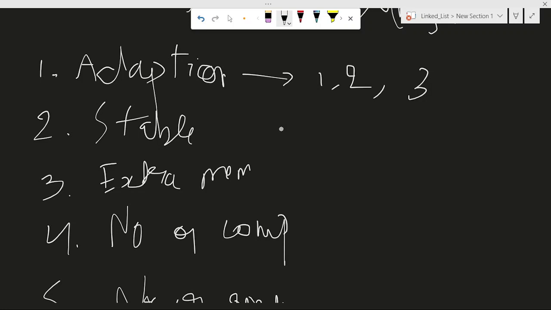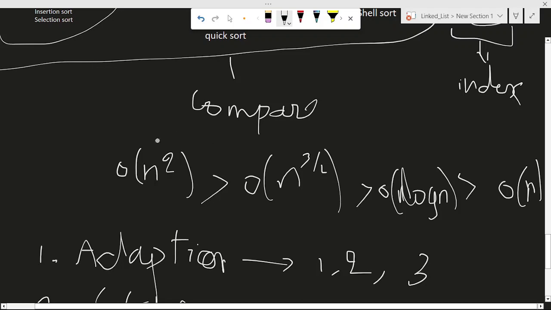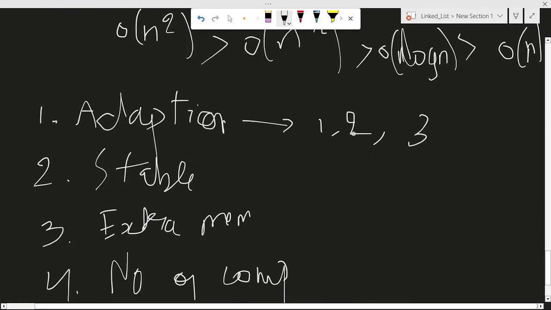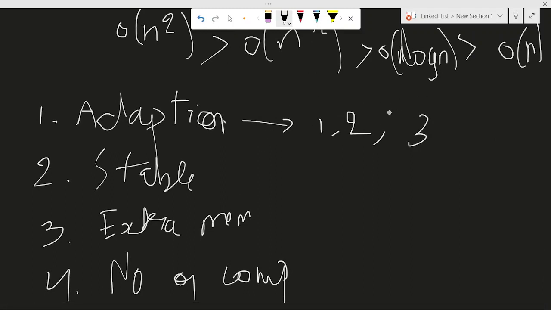That sorting technique should not take the usual time, the actual time it takes, like what I discussed here. If it is already sorted, it should take the least amount of time, returning instantly. Those techniques are called adaptive techniques.